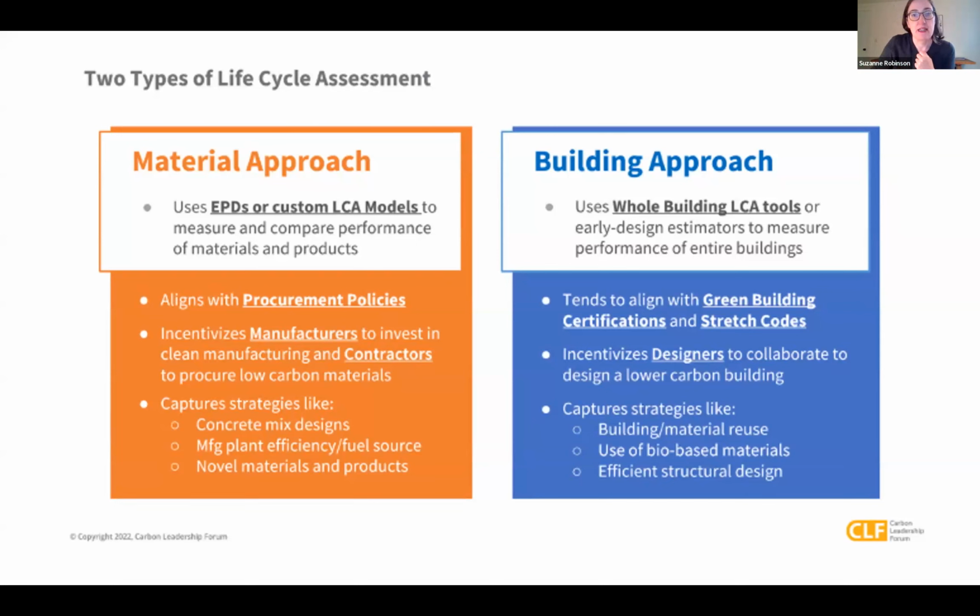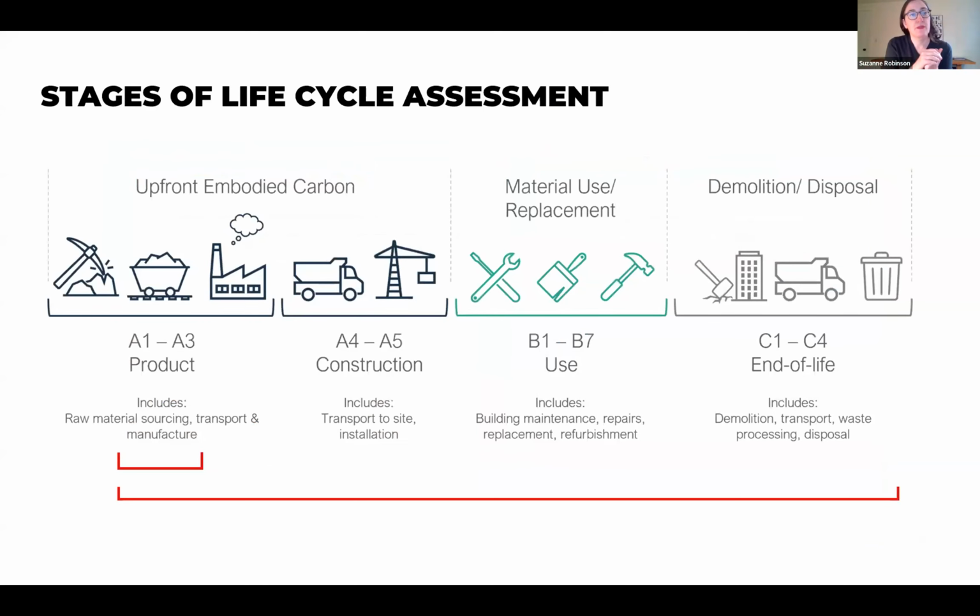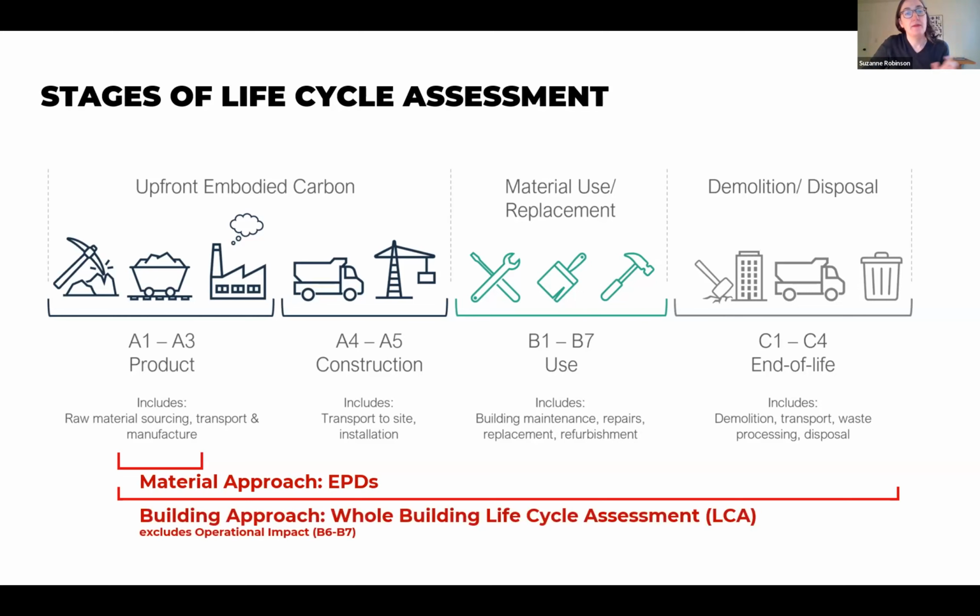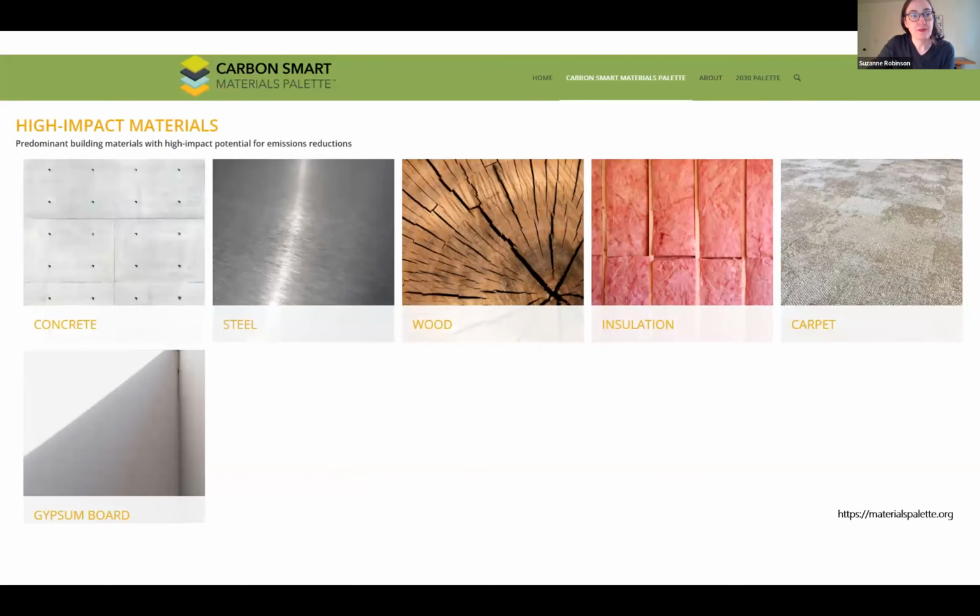And I'll dive into that a little bit more in a moment. So when we look at the stages of life cycle assessment, the material approach for EPDs is generally that A1 to A3. And then the building approach, LCA, is looking at a larger range of stages, usually A through C, the end of life.